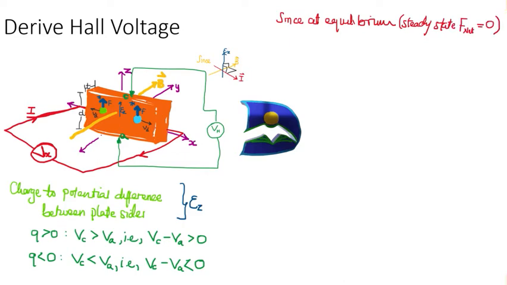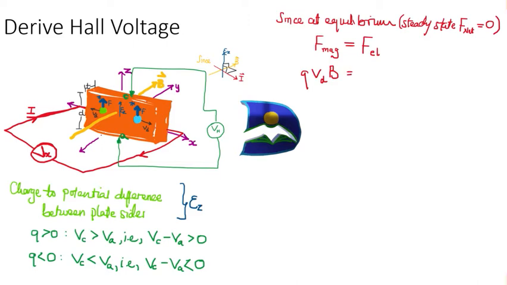Therefore, the two forces must be equal to each other, which is the magnetic force and that of the electrical force. Therefore, the magnetic force is equal to the quantity of charge multiplied by the drift velocity of any charged particle in that material times that of the magnetic field magnitude.